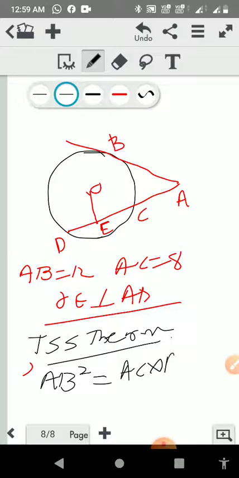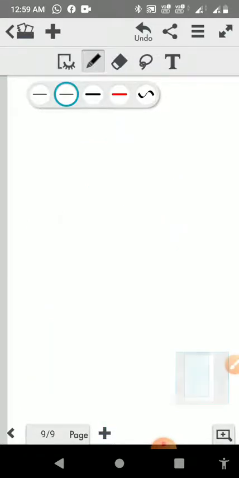AB is 12, so 12 square equals AC, which is 8, times AD.